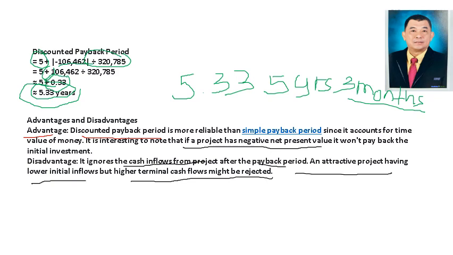So, the decision making, an attractive project having a lower initial inflow but higher terminal cash flow should be rejected. Okay? Of course, no? Your cash inflow is lower, but you have a very high investment. So you have to improve your business model and business strategy of how you can increase your revenue and sales and control your expenses. All right?